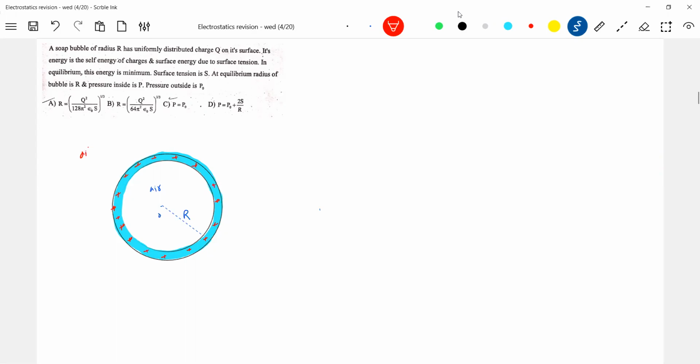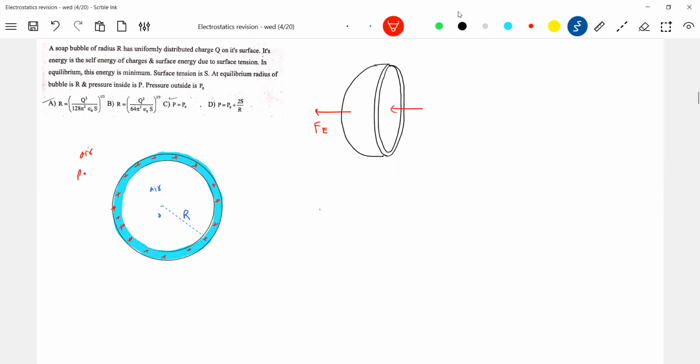Okay, this is about outside also air, P naught pressure. So force exerted by one half on the other half, you know, the electrostatics one. So how is it in equilibrium? If you take one half of this, here on this side, electrostatic force will be acting.